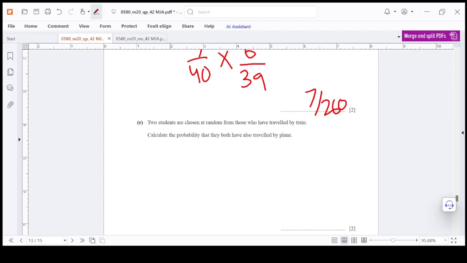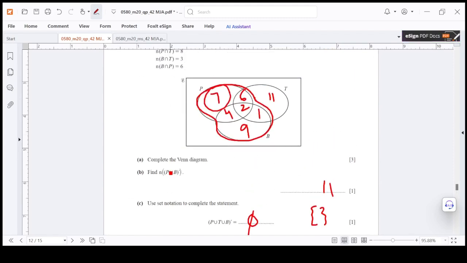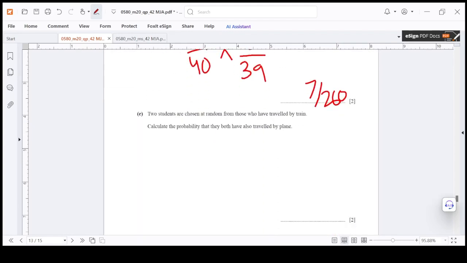Okay. Next, two students are chosen at random from those who have traveled by train. So now the sample is this. You choose two people from this sample only. Okay, that's 11 plus 6 plus 2 plus 1 people. So that's 20 people. So the denominator would be 20 first and then 19. Find the probability that they both have traveled by plane.